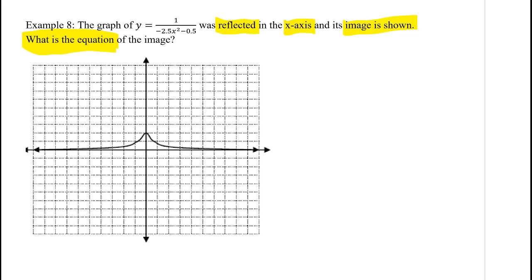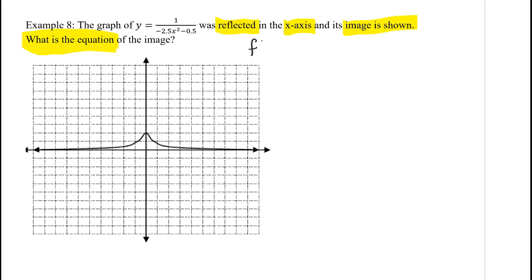Okay, so we're given the picture of the graph we need an equation for. We're also told how we came about getting this graph from the original equation. So all of a sudden, we are totally able to figure this out because we know what reflected in the x-axis means.